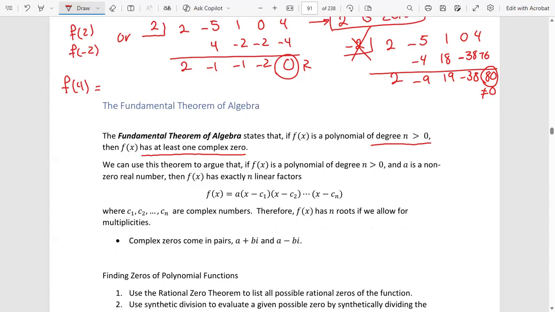And you can write all of those zeros in parentheses. If c1, c2, and all of those up to cn are complex numbers that are the zeros, you can put each of them in a separate parentheses. Okay?